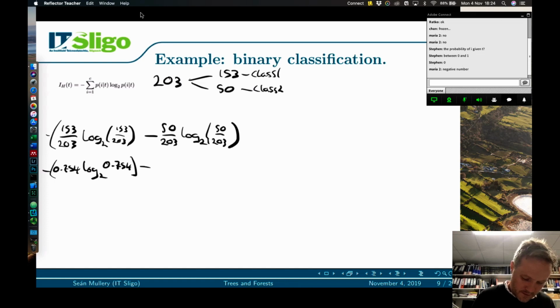And we're going to go minus again. Sorry. I've done it correctly above, but I didn't do it correctly here because I didn't need to take that off. And we're going to subtract from that because the minus has to multiply all the way in. 50 divided by 203, we said was 0.246 times log to the base 2 of 0.246.